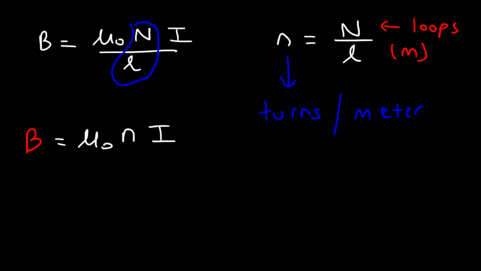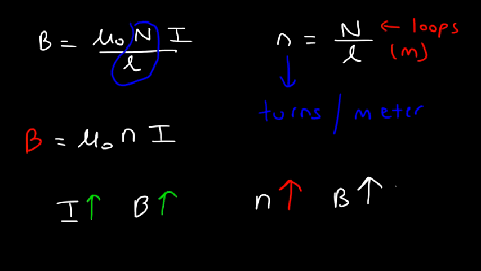So the magnetic field produced by a solenoid is proportional to the current that passes through it. As the current increases, the strength of the magnetic field will increase. The second way to increase the magnetic field is to increase the number of turns. If you can increase the amount of turns per unit length or per meter, the strength of the magnetic field will greatly increase.